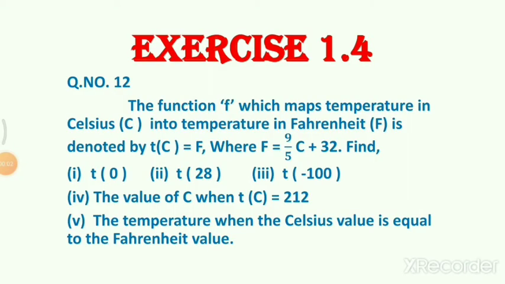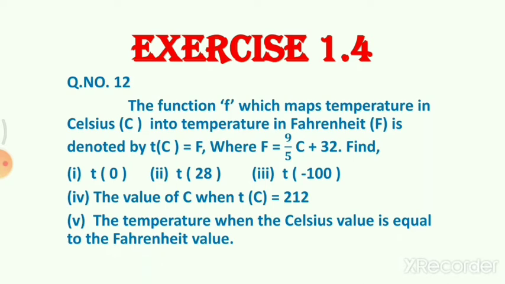Question number 12. The function t which maps temperature in Celsius into temperature in Fahrenheit is denoted by t of C equal to F, where F equal to 9 by 5 into C plus 32.